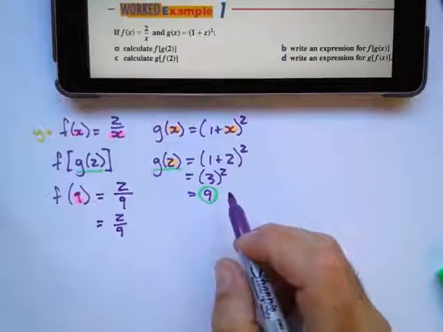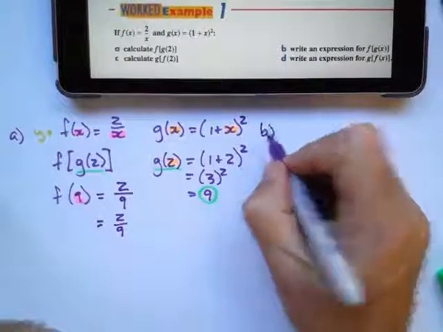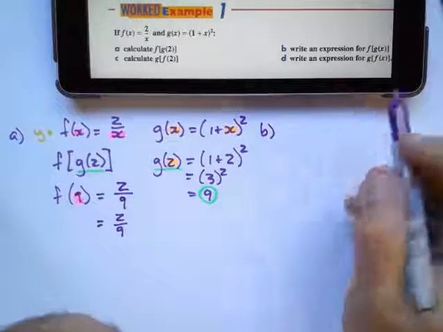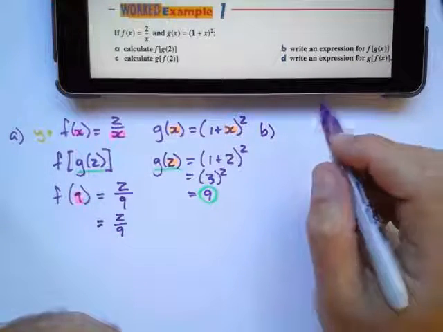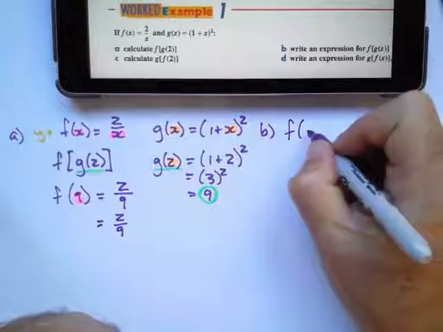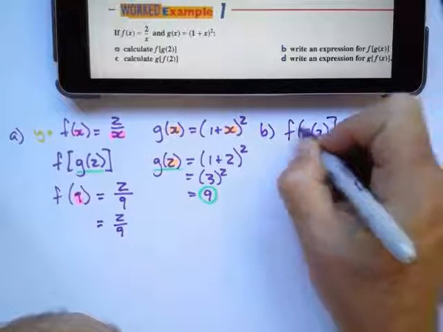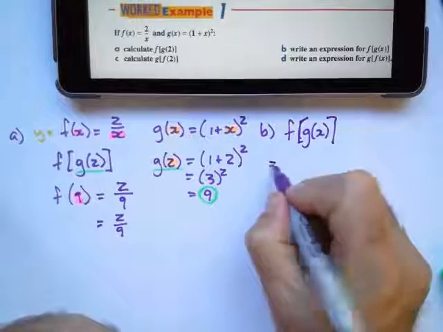The B question says, this was A. The B question says, write an expression for this. So I'm not going to substitute 2 in this function. So I say f of g(x).